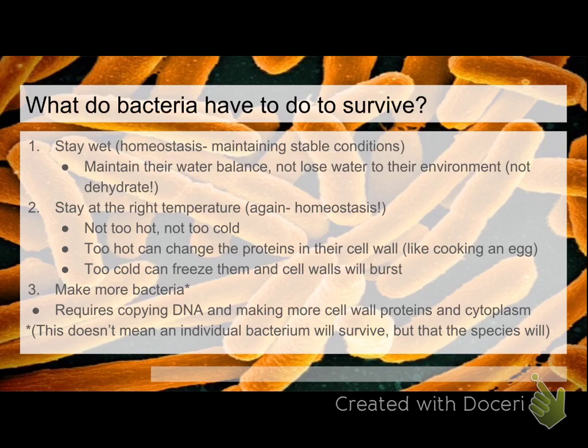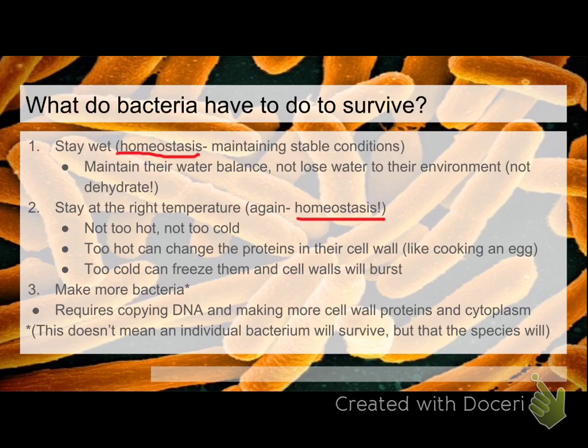Again, homeostasis. Not too hot, not too cold. Too hot will change the proteins in their cell wall like you're cooking an egg. Too cold, they freeze and their cell walls will burst. And they have to make more bacteria. Requires copying their DNA, making more cell wall proteins, and making cytoplasm. And reproducing doesn't mean that any individual bacteria will survive, but it means that as a species, they will survive.